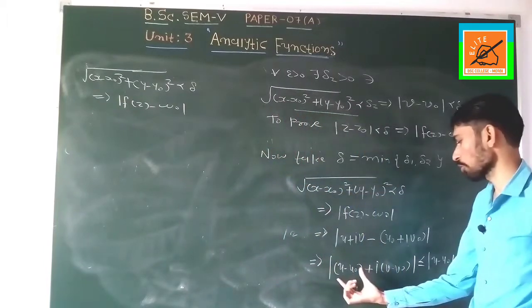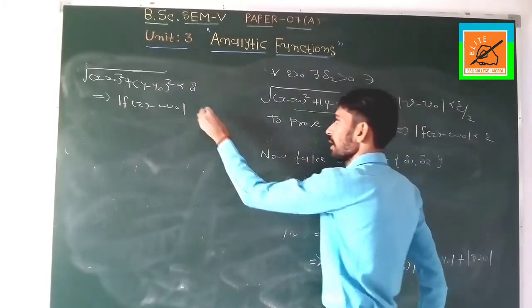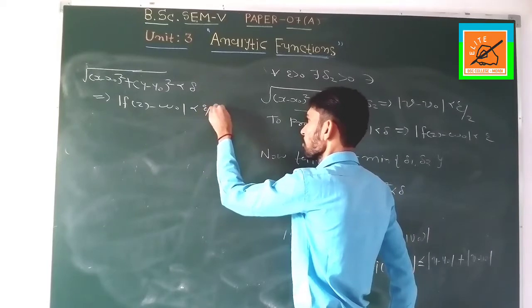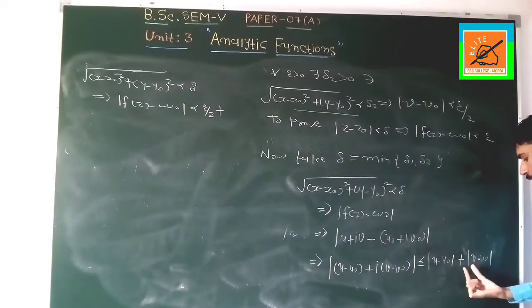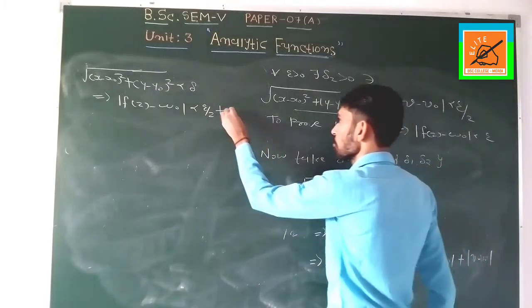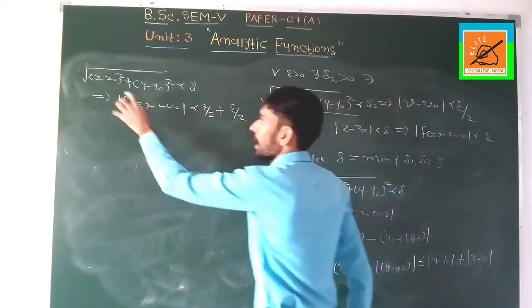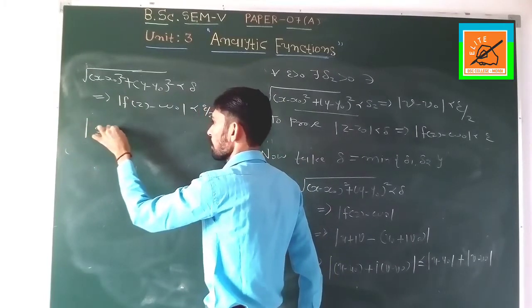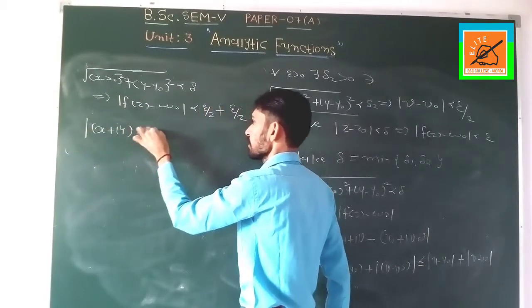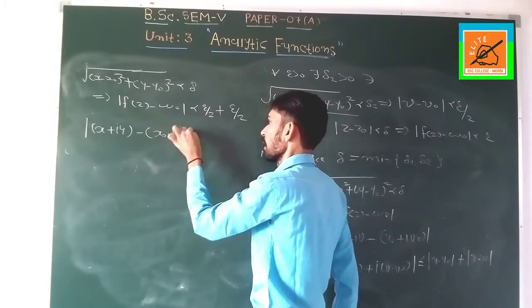First of all, we write this portion less than or equal to, which means less than epsilon by 2. Modulus u minus u0 is epsilon by 2 plus v minus v0 is again epsilon by 2. And this form we can write as x plus iy minus x0 plus iy0.